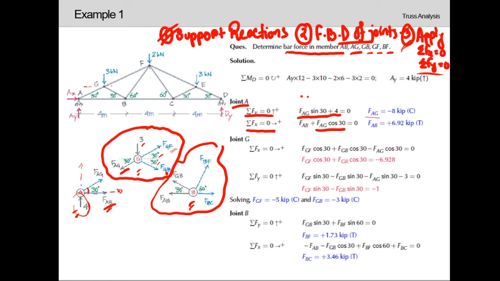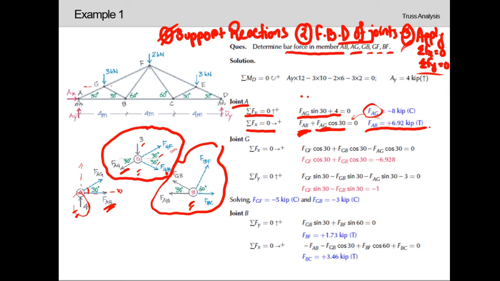And FAB is also acting in right direction, which is positive. So the summation of these two will be 0. And as we have calculated FAG earlier, now we are going to plug it over here, and plugging the value of FAG, we will get the value of FAB. So the value of FAB will be plus 6.92 kip.